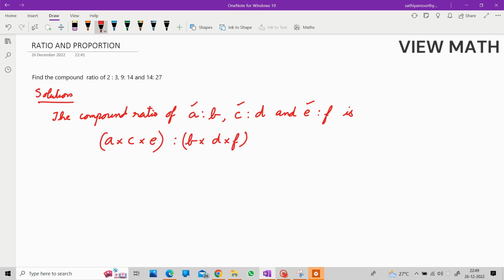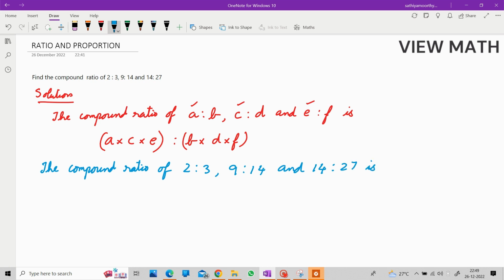Here they are asking us to find the compound ratio of 2 is to 3, 9 is to 14 and 14 is to 27.